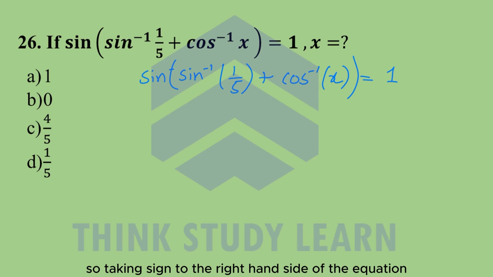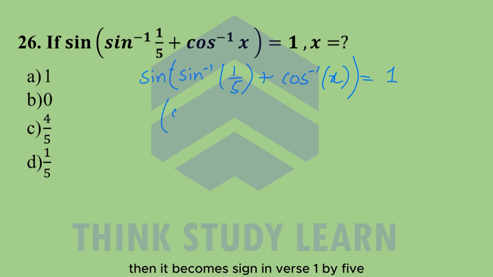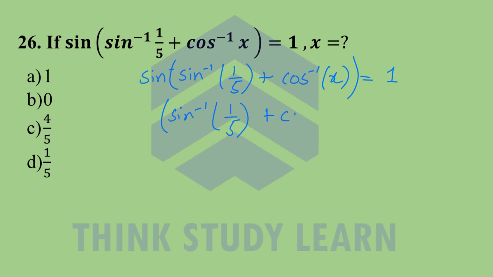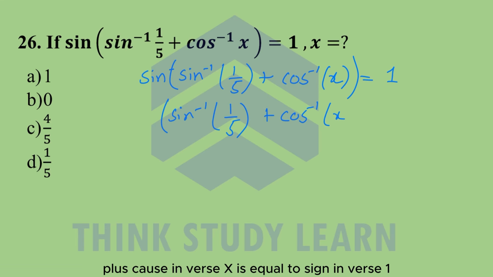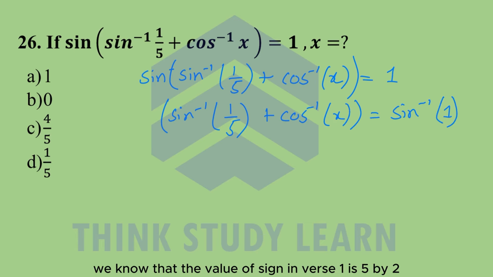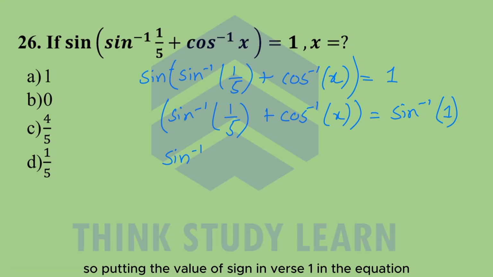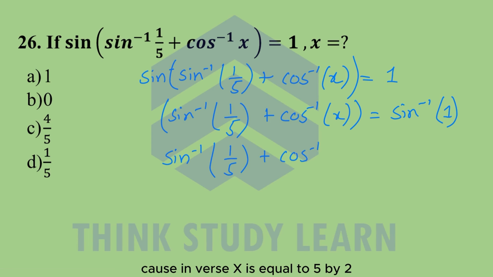So taking sine to the right hand side of the equation, it becomes sine inverse 1 by 5 plus cos inverse x is equal to sine inverse 1. We know that the value of sine inverse 1 is pi by 2. So putting the value of sine inverse 1 in the equation, cos inverse x is equal to pi by 2.